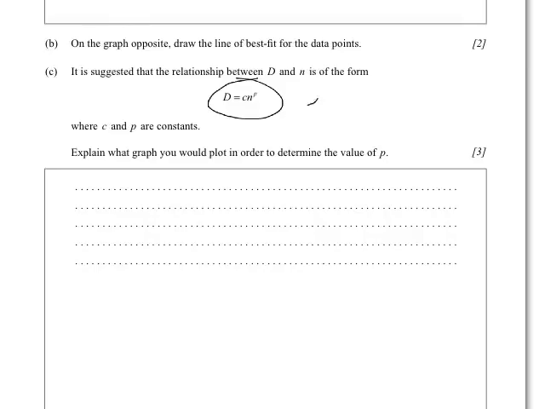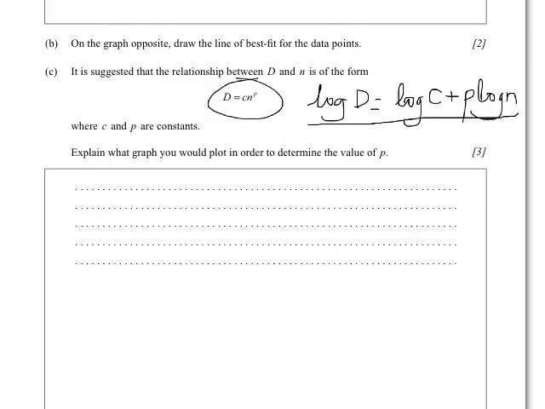If you take logs of both sides of the equation, log D equals log C plus P log N. Okay, so this is something you must have done in maths by now, and if not, come and see me and I can go through this with you. But you should be able to present this power as a log.